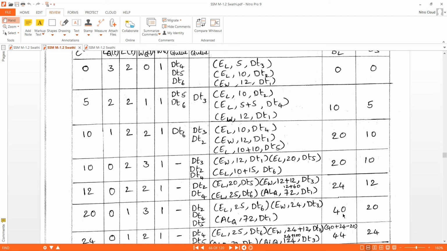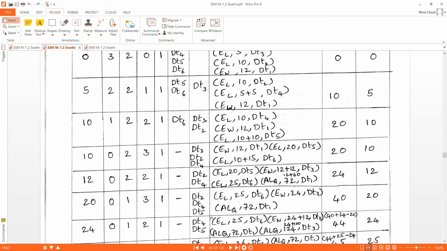That is, loader 1 is 20, loader 2 is 20, 20 plus 20 is 40. And the busy scale time at simulation clock time 20 is 20, because the scale kept on weighing all the trucks until simulation clock time 20. So the total busy time of the scale is 20 here.